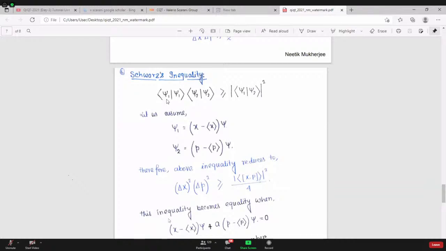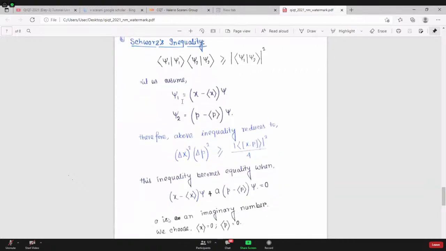If you have wave functions psi 1 and psi 2, then the normalization of psi 1 with itself times the normalization of psi 2 with itself is always greater than or equal to the overlap between psi 1 and psi 2, squared.